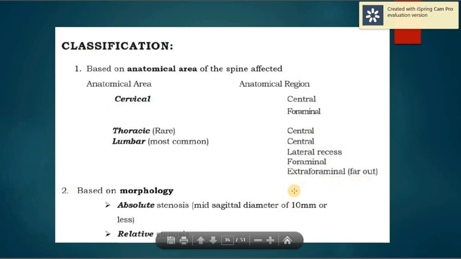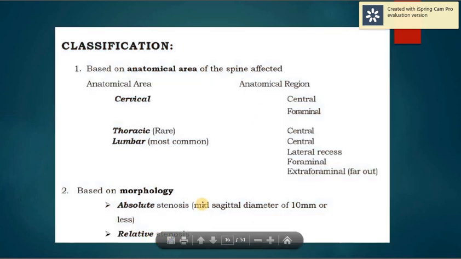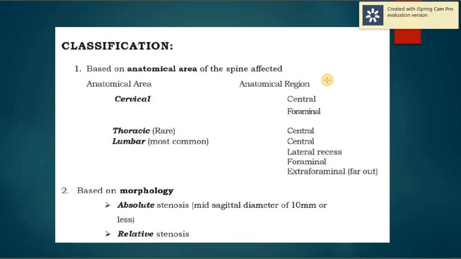Based on morphology, you can see absolute stenosis, that is a mid sagittal diameter of 10 millimeters or less, or a relative stenosis.